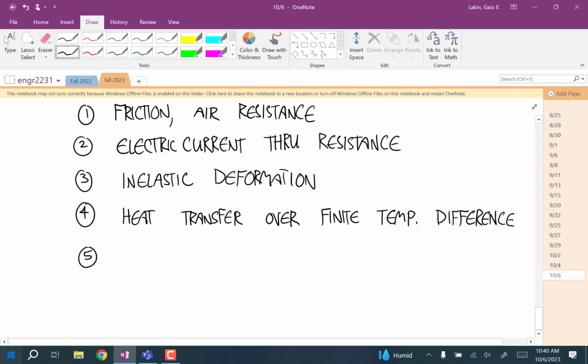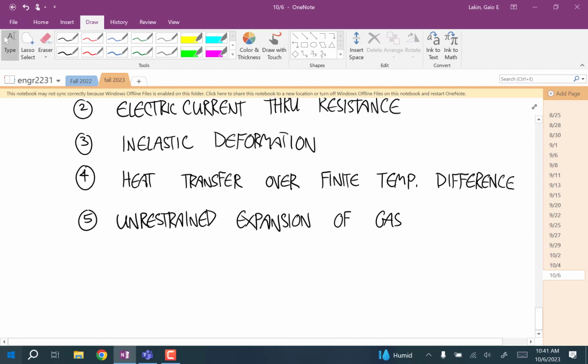Fifth is unrestrained expansion of a gas. Sixth is chemical reactions.